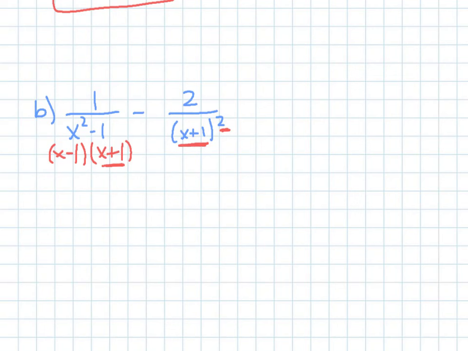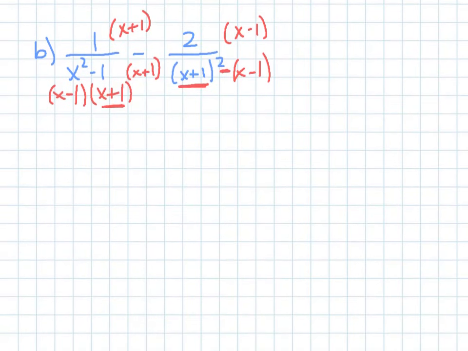So they share 1, so you don't need to multiply 2 x plus 1's to the left side, since they already share a common one. It just needs another one. So we need to multiply the left by x plus 1, top and bottom. The right side, or the 2 over x plus 1 squared, does not have an x minus 1, so it needs to be multiplied by x minus 1 to be the same.